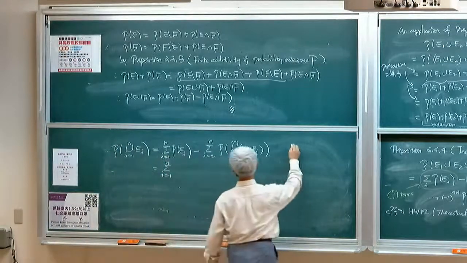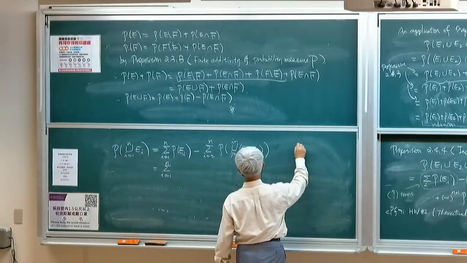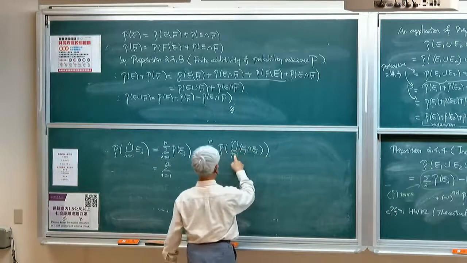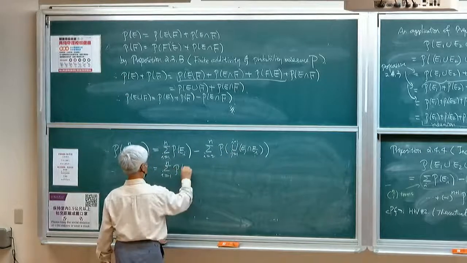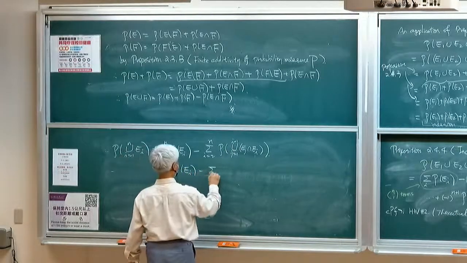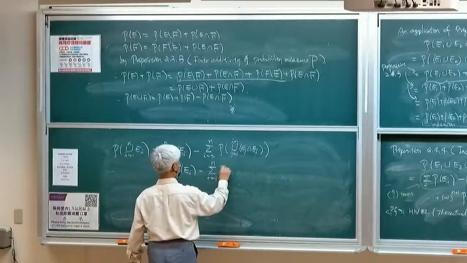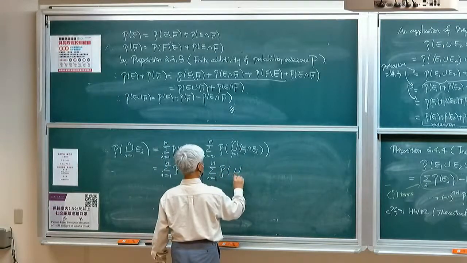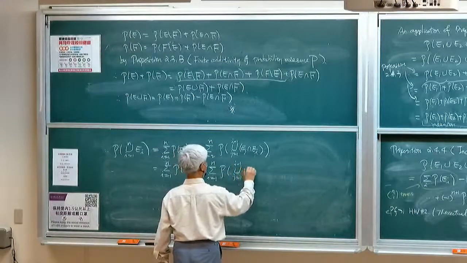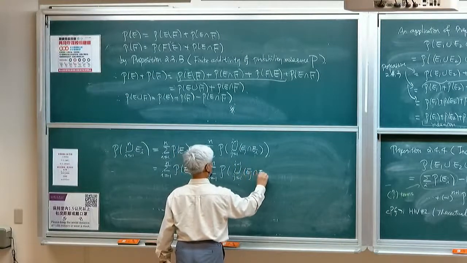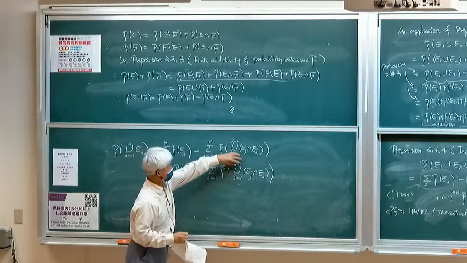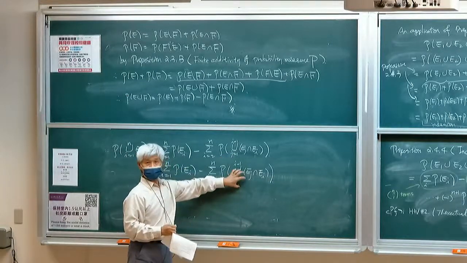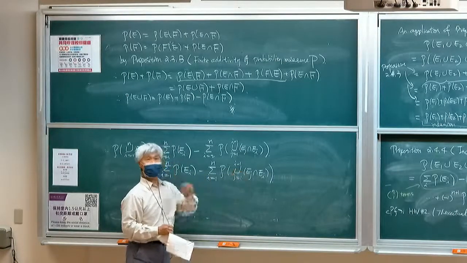But if we look at the union when i equals 1, so to write it to include 1, now if i equals 1, then this is 0. So this is an empty union. For an empty union, the definition is the empty set.